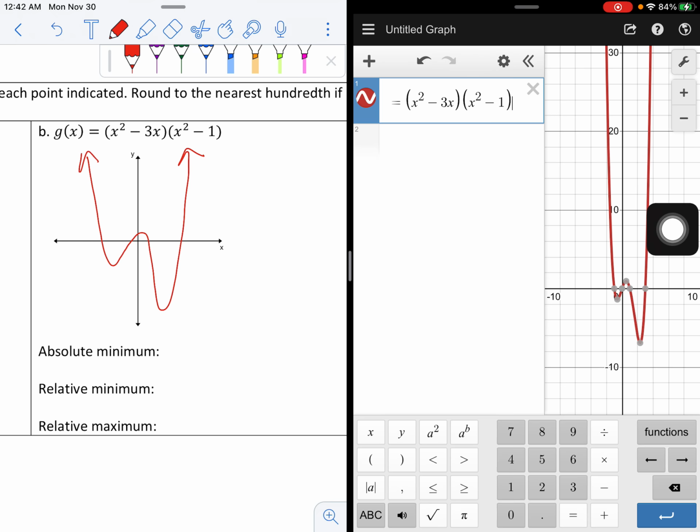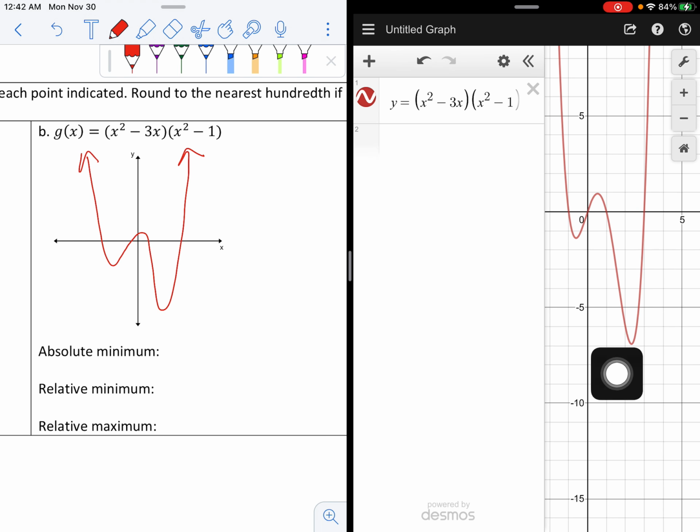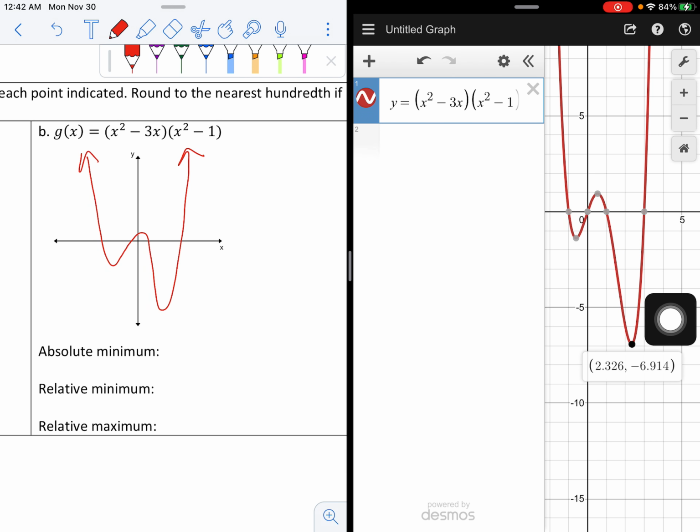And that's going to be this point right here. I am going to do a little zoom in just so I can get a little bit better idea here. All right, so lowest point right here, and my little gray dot tells me that that absolute minimum point is 2.33 when we round it, and negative 6.91, okay?